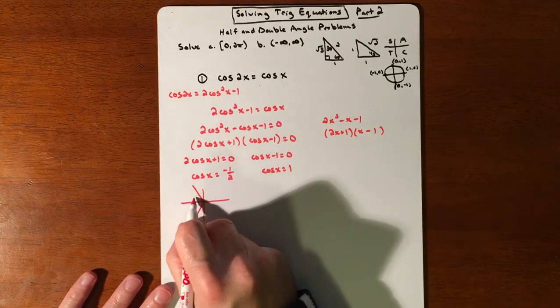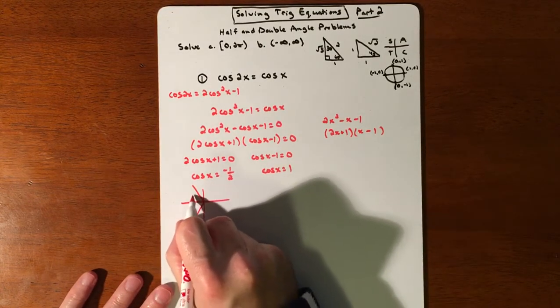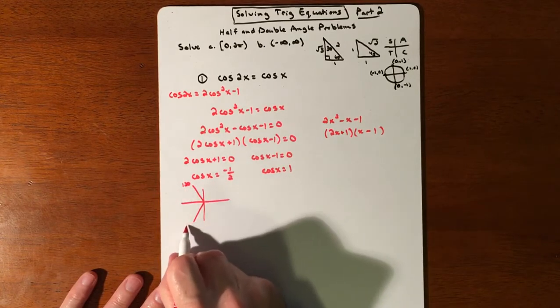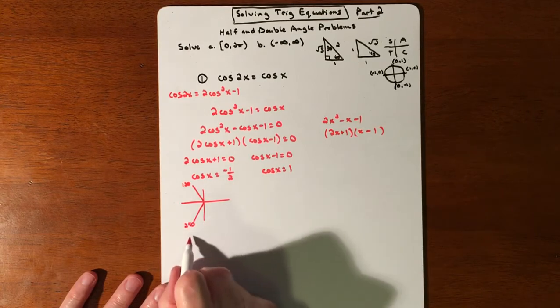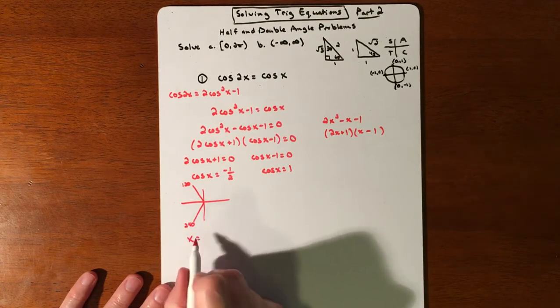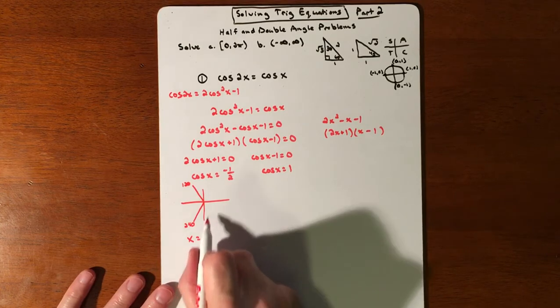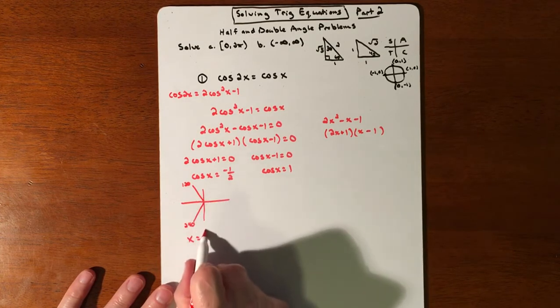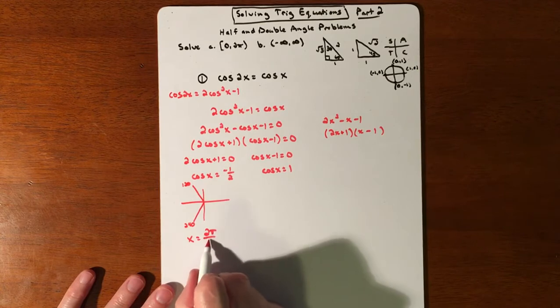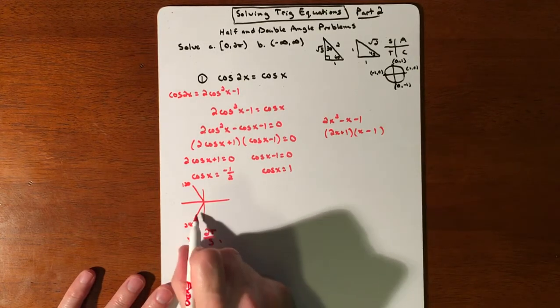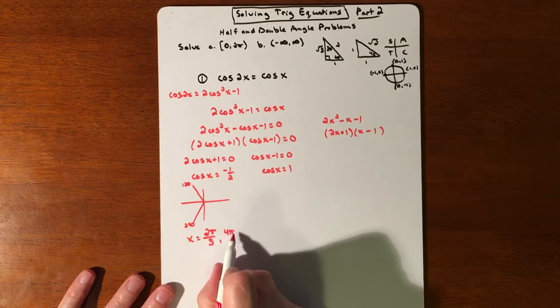If that's 60, that is a 120. And this is a 60 past 180, which is a 240. So our angles are going to be a bunch of pi over 3's because they're 60s. That one is 2 pi over 3. And this is going to be 4 pi over 3.